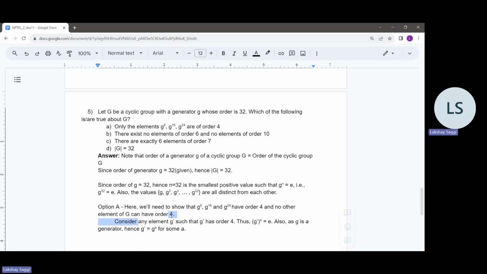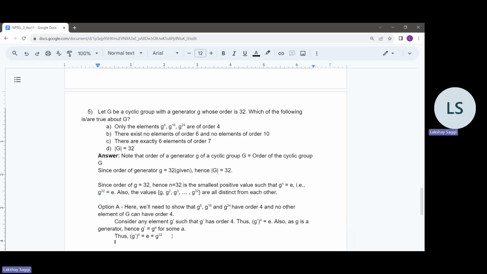So if we consider any element G prime such that G prime has order 4, then we first know that G prime raised to the power 4 is E, and also G prime is G raised to the power A for some A. So what this essentially means is that G prime raised to the power 4 is equal to E, and E was equal to G raised to the power 32, as you are already given.